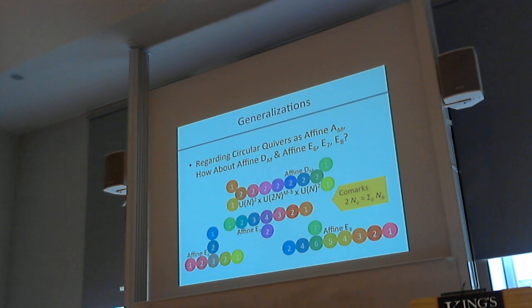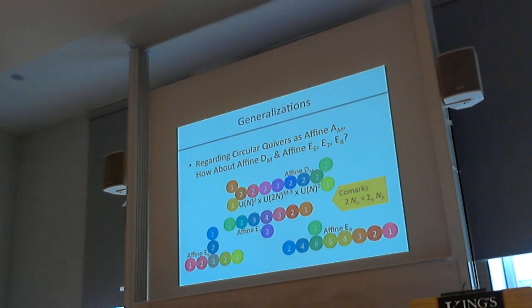Here, this kind of Dynkin diagram can be characterized by the property that twice the number at a vertex is the sum of the numbers at the adjacent vertices. For example, twice 2 is 4, and when you sum up 1, 1, and 2, it also becomes 4.